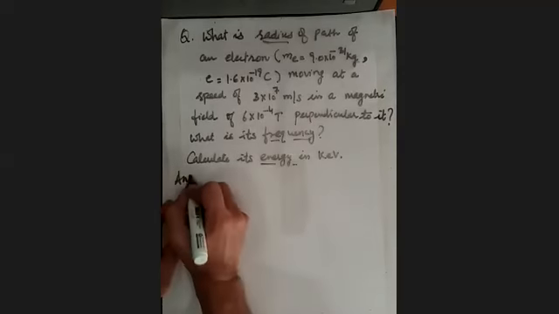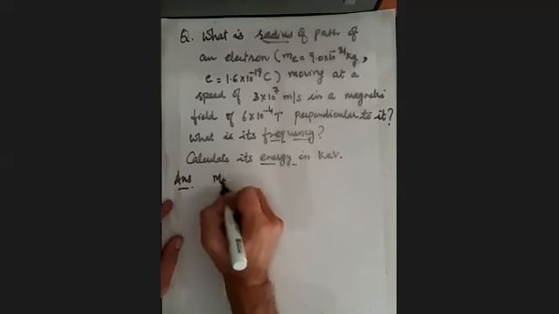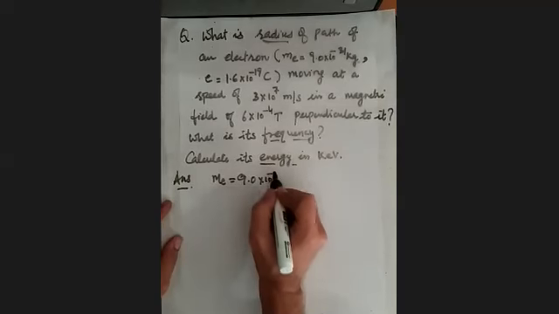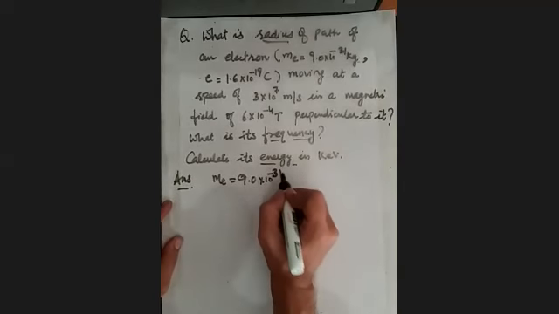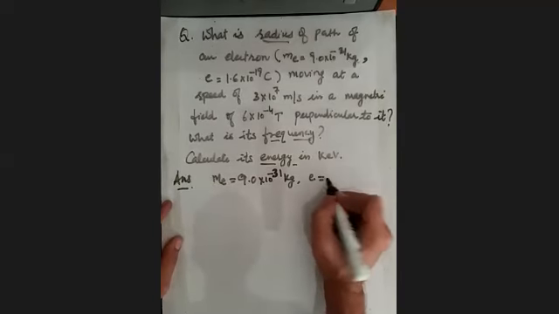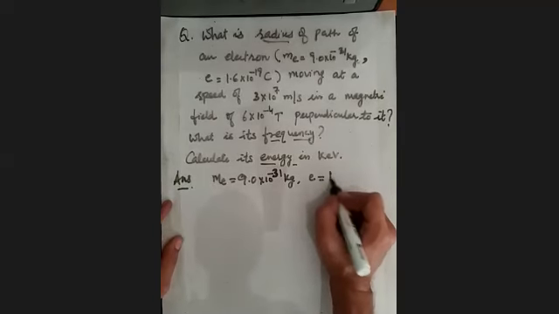First write down all the parameters. Mass of an electron 9.0 × 10^-31 kg. So always begin an experiment by writing down the given values.